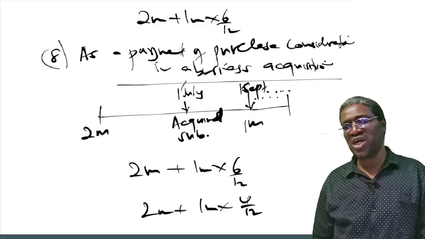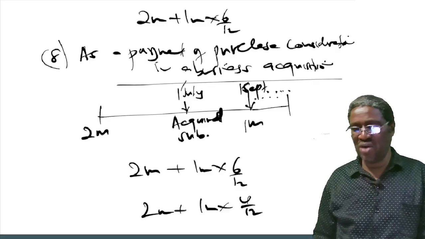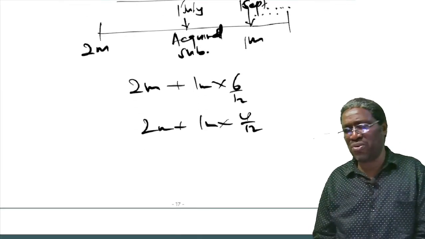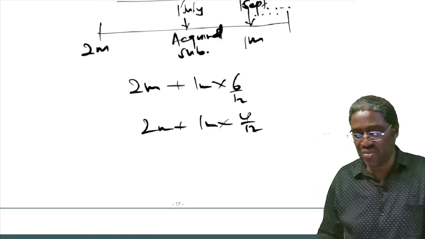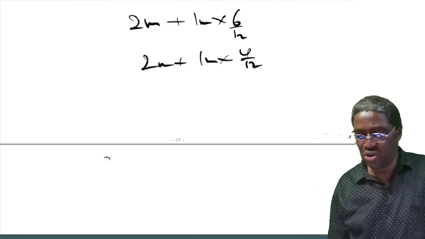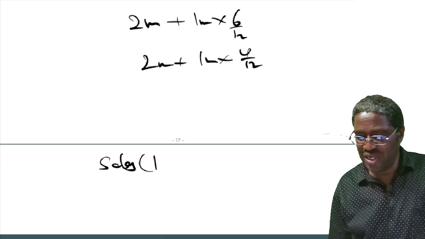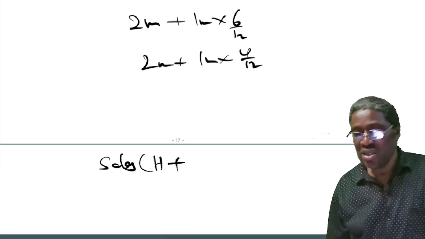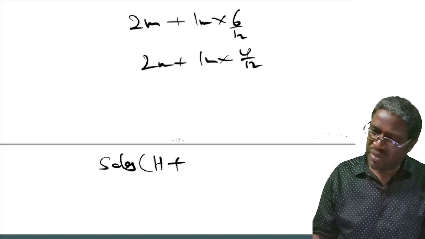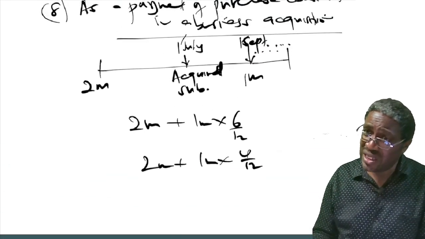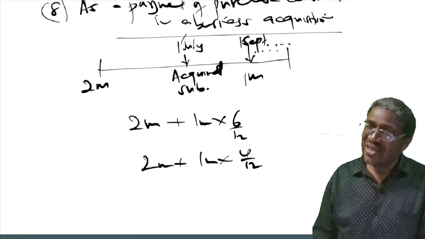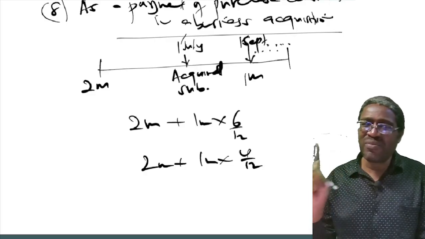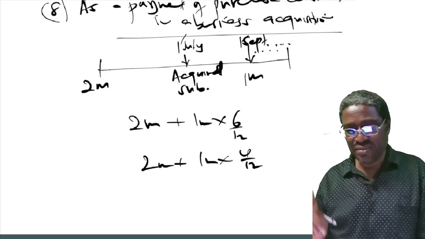Listen to my other question now. When I'm consolidating the results of this subsidiary, for example in the income statement, you know that when consolidating the P&L account of the group, we normally take the sales of the holding company plus the sales of the subsidiary. We acquired this subsidiary company on 1st July, but to pay their purchase consideration, I gave them 1 million shares in September.